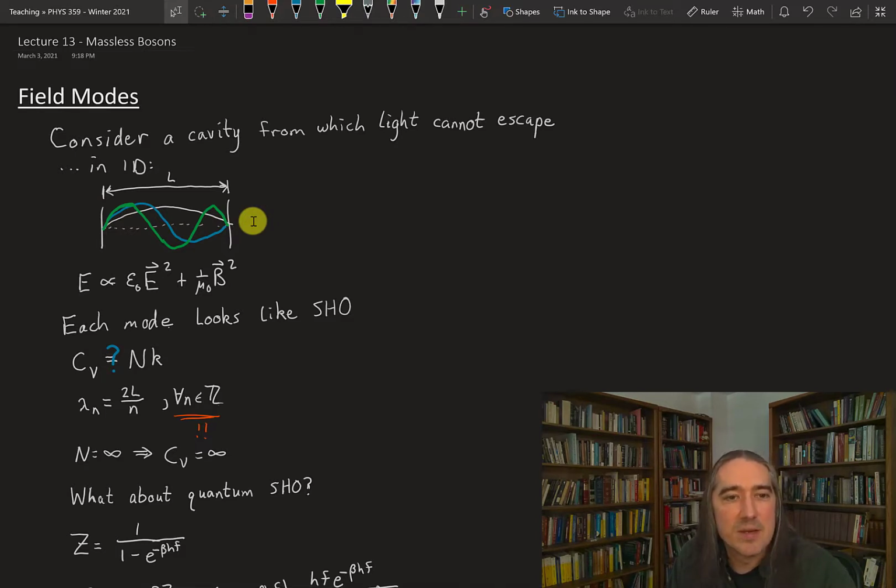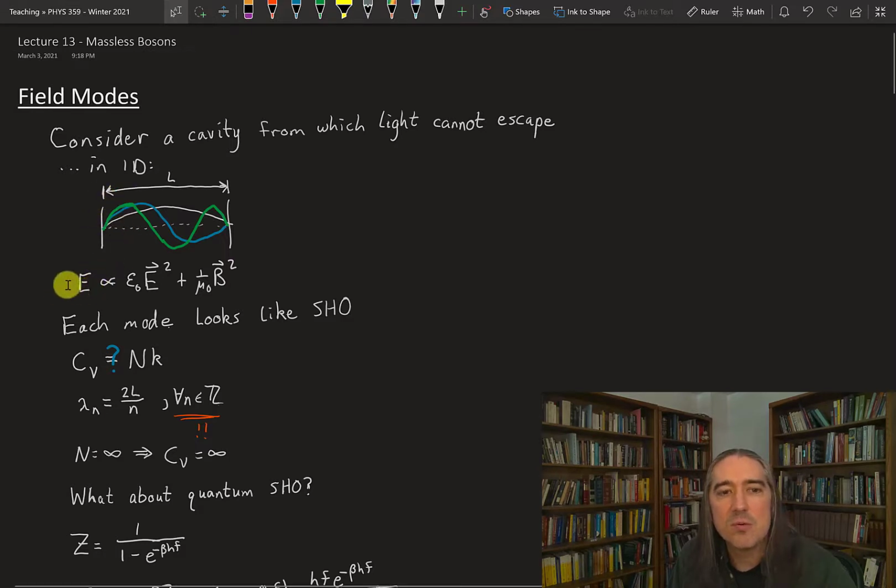Now, when we have these things in a cavity, if I look at a single mode, let's say just this, the ground mode, this is the longest wavelength mode that fits into the cavity. If I ask how much energy is in that one mode, rather than in the entire cavity, but just in that one mode, how much energy is there?